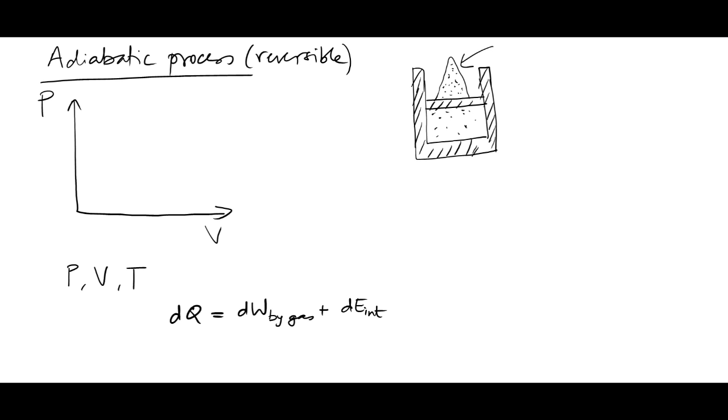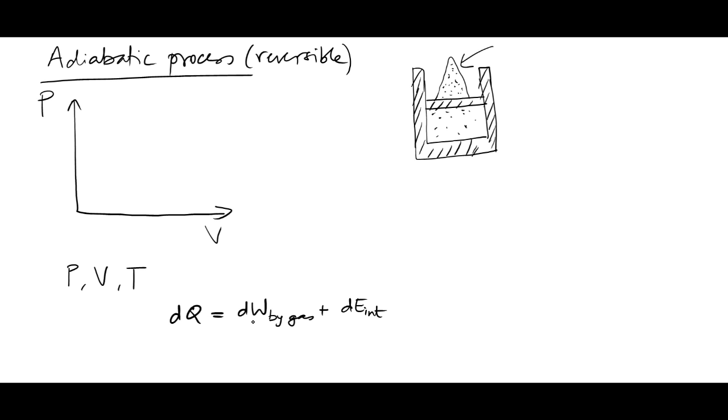Now I want you to imagine that a certain gas, an ideal gas, is undergoing an adiabatic process, and we are now going to apply the first law of thermodynamics to a small step of the process.